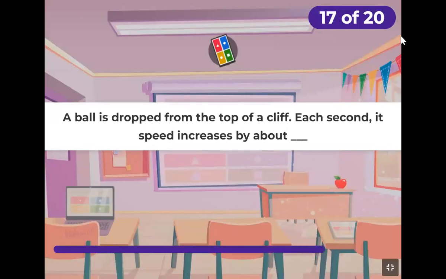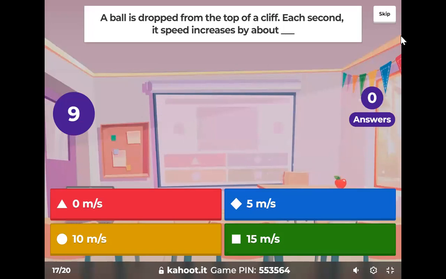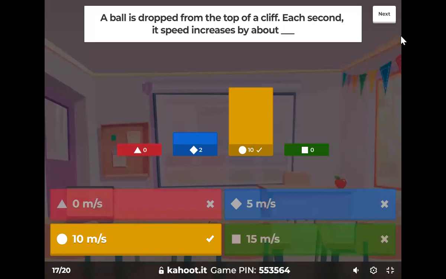Every second its speed increases by about... Yeah, 10 meters per second, right? It's changing its speed 10 meters per second every passing second. Actually, those last two questions were almost the same question, weren't they?